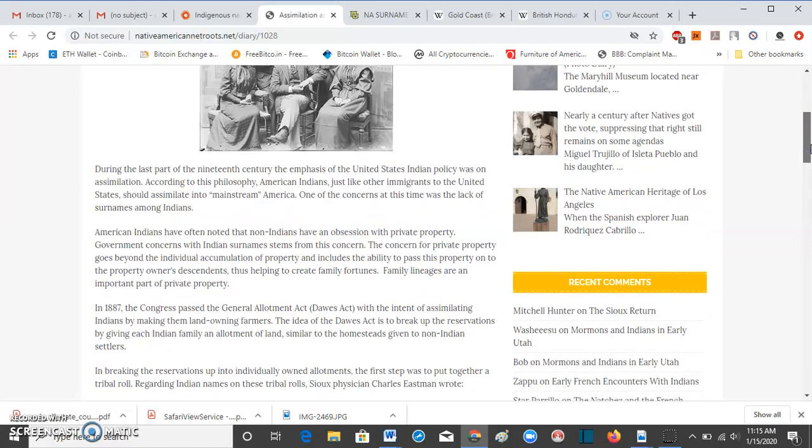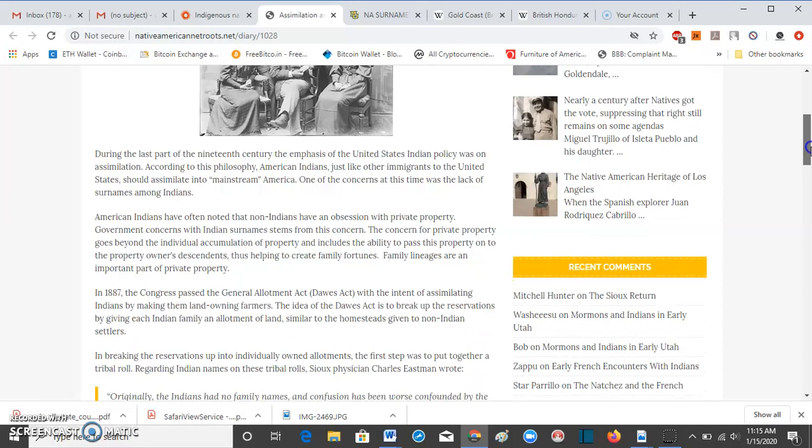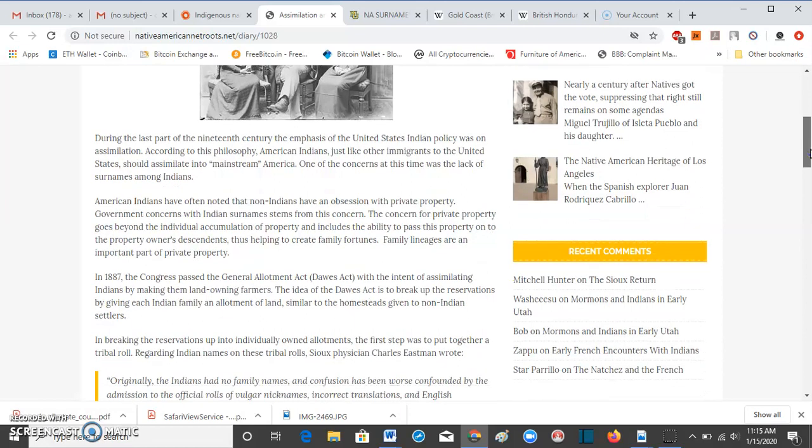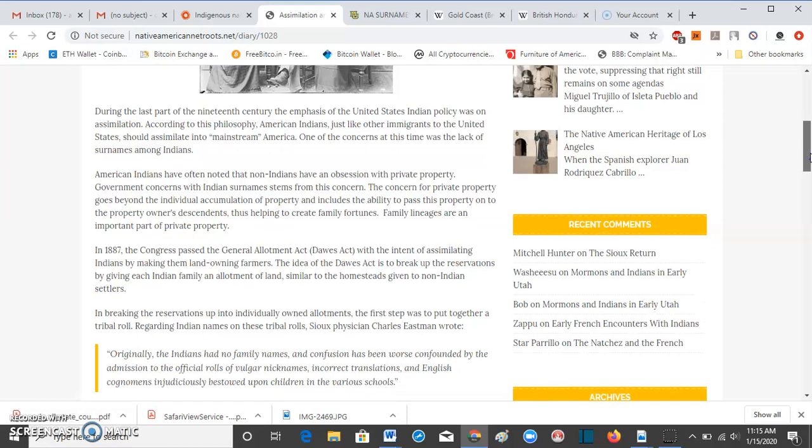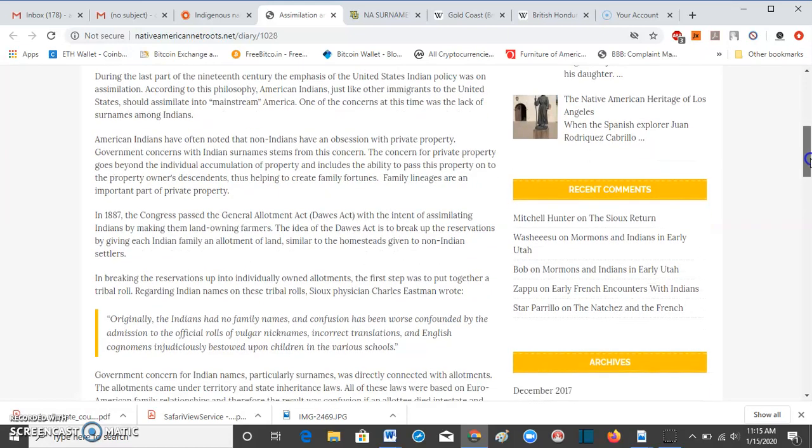During the last part of the 19th century, the emphasis of the United States Indian policy was on assimilation. According to this philosophy, American Indians, just like other immigrants to the United States, should assimilate into mainstream America. One of their concerns at this time was a lack of surnames among Indians.